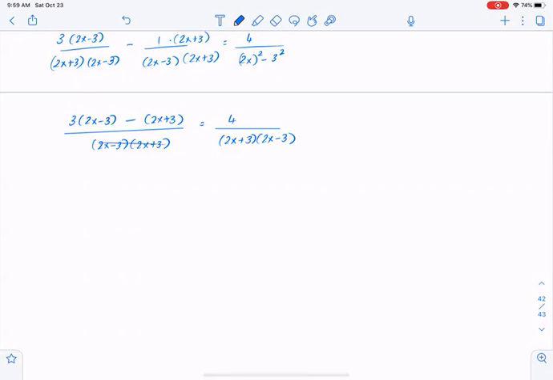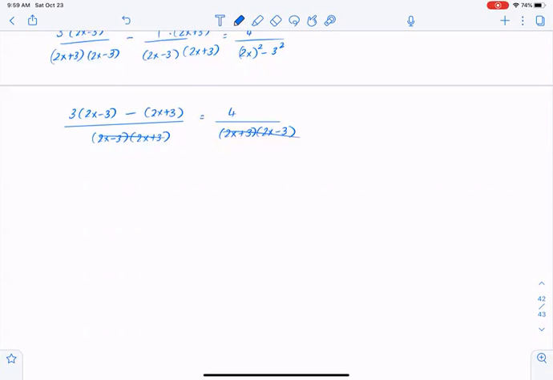We can cancel out that denominator and that denominator. So we will have 3 times 2x minus 3 minus 2x plus 3 equals 4.